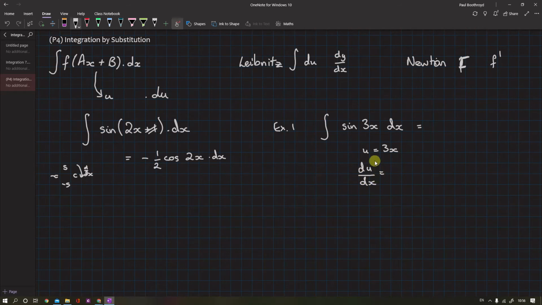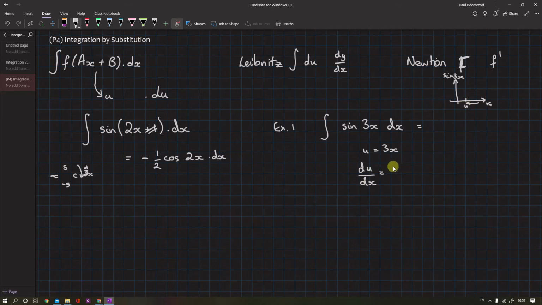What we're really doing is changing a function, sine 3x, based upon an x function. We're changing this scale to turn it into a new scale based upon u. And that allows us then to redraw the same function and the same areas and the same everything from the curve by redefining it in terms of this u.